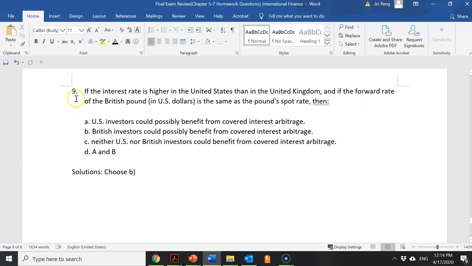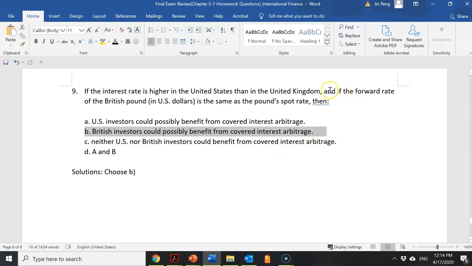Question 9. If the interest rate is higher in the United States than in the United Kingdom, and if the forward rate of the British pound in US dollars is the same as the pound spot rate, then the right option is B. British investors could possibly benefit from covered interest arbitrage.